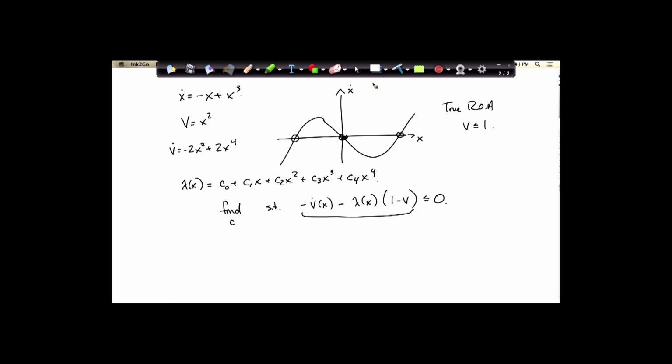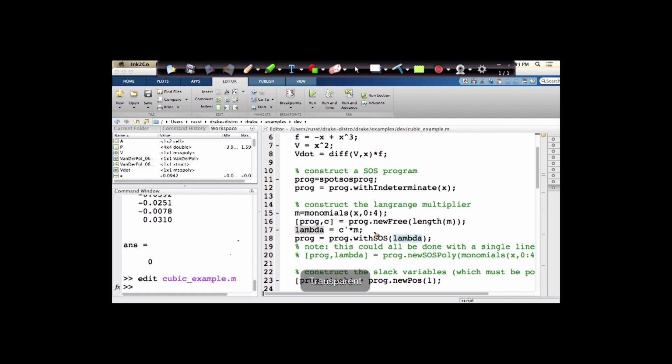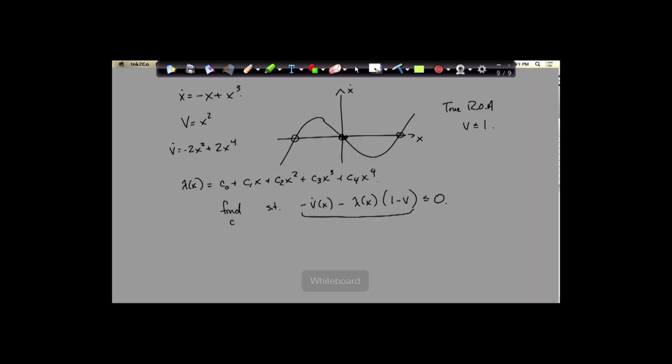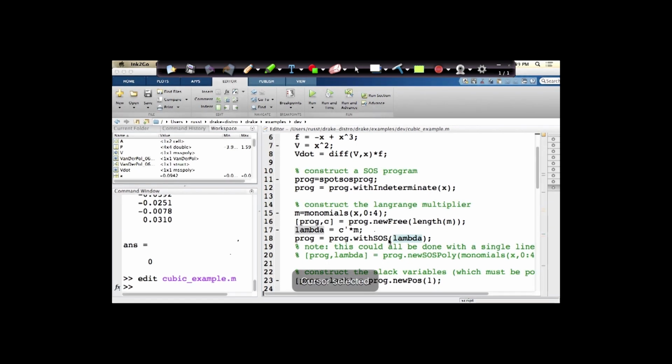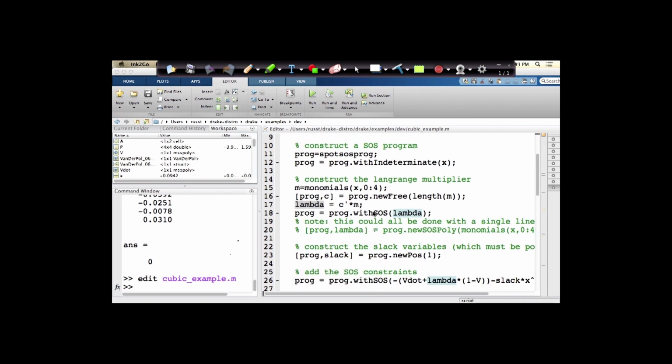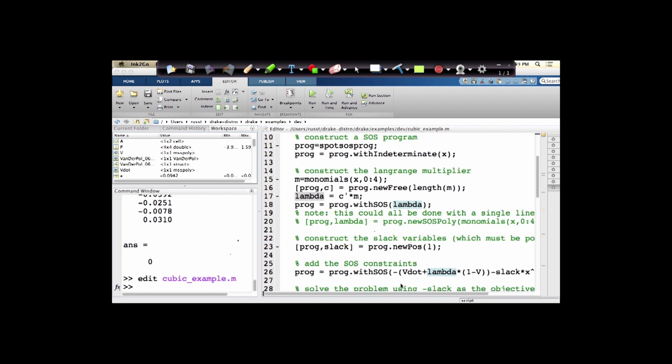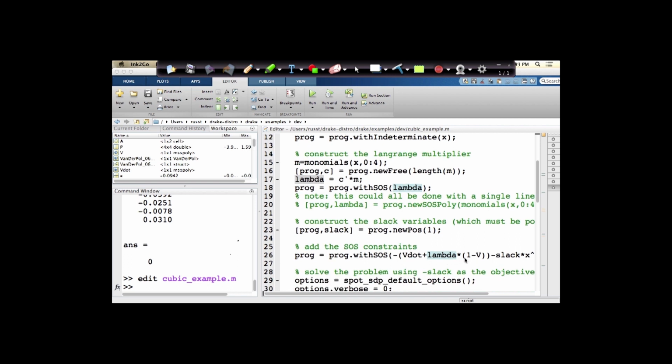Okay, but I'm going to add this constraint. Oh, I forgot to write here that I also have to say that lambda of x is greater than or equal to 0. So lambda has to be positive, and then my V dot plus lambda times (1 minus V) has to be negative.